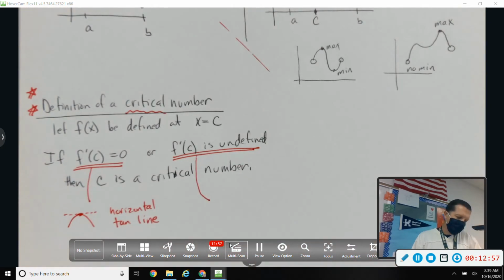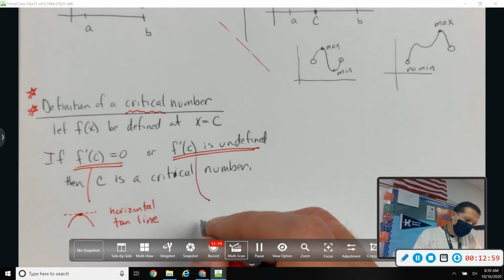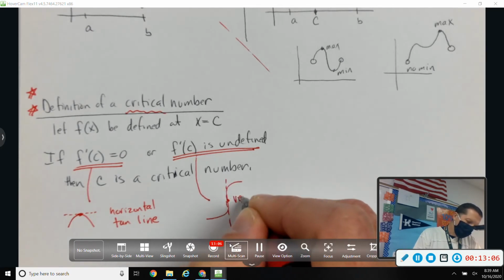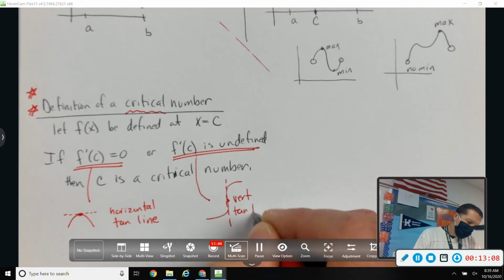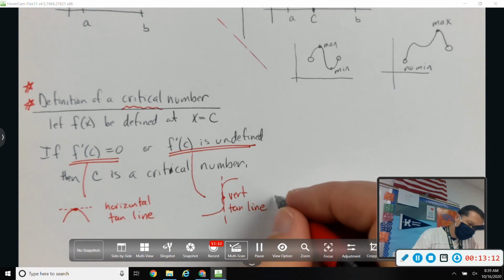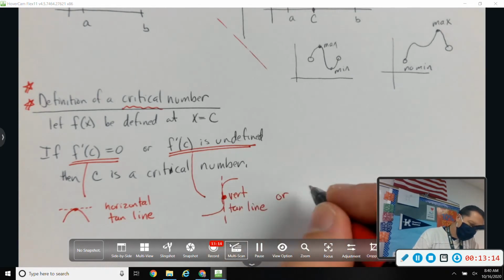If f prime is undefined, then you either have a vertical tangent line or you could have a cusp.